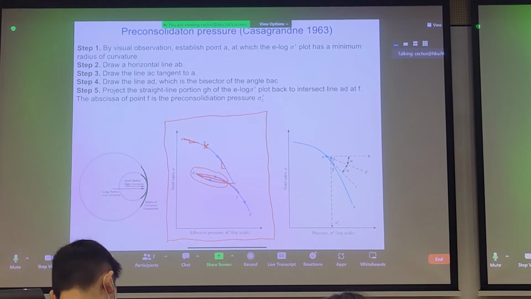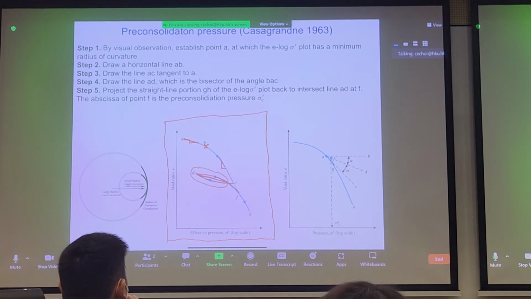Well, a steep slope means that you're applying a bit of effective stress and you're getting a lot of change in void ratio. So it's a softer response, right? The second part of the curve is a softer response. The stiffness is much lower than initially. So we can somehow say that inflection point B, or somewhere around inflection point B, is our pre-consolidation pressure.